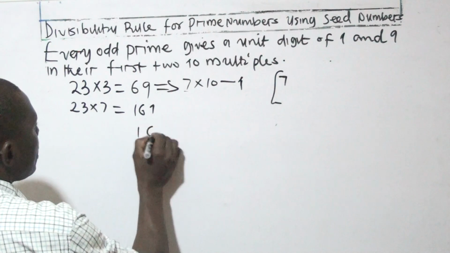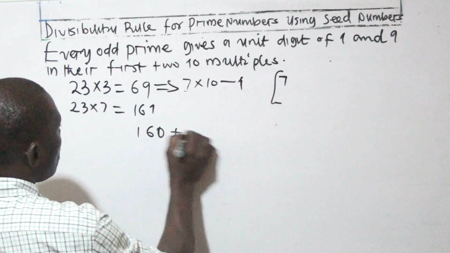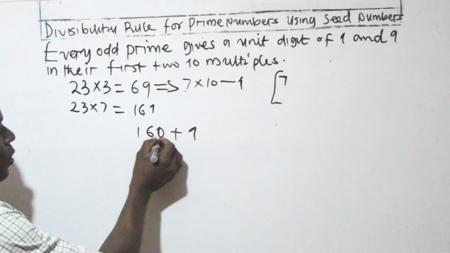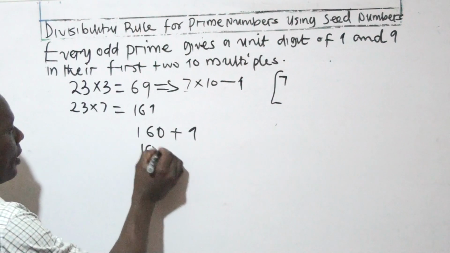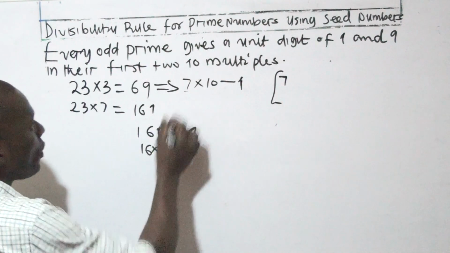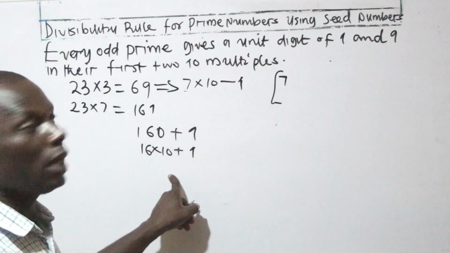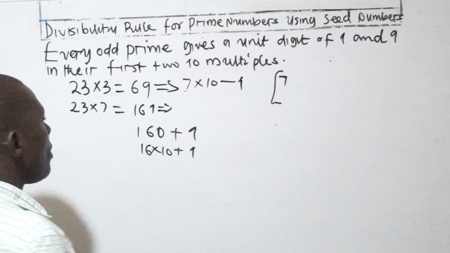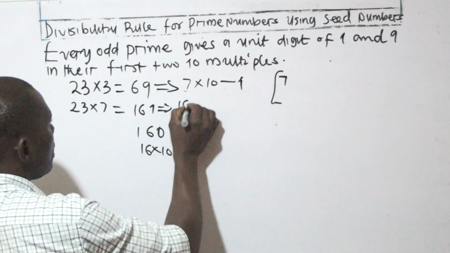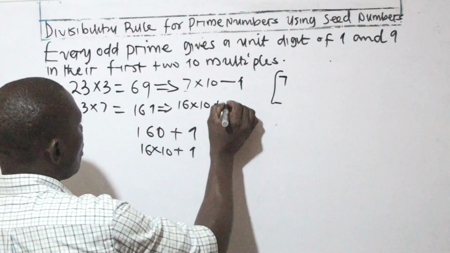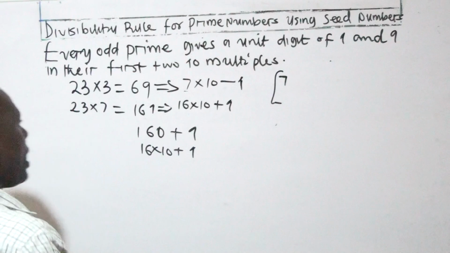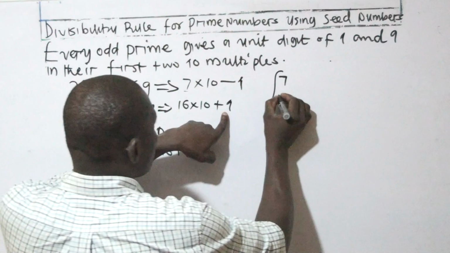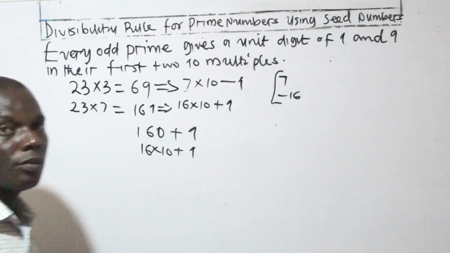Our 161 is the same thing as 160 plus 1, and this 160 can be expressed as 16 times 10, since we are looking for the multiples of 10. Here we replace 161 by 16 times 10 plus 1. So our seed number here is 16, and because it is plus 1, it becomes minus 16.